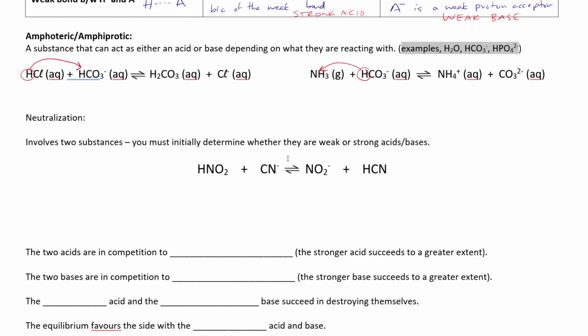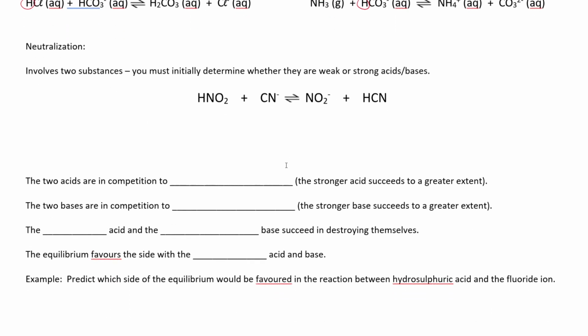So neutralization involves two substances, and you must initially determine whether they are weak or strong acids or bases. Okay. And so what you have to do here is take a look. HNO2 is going to donate a proton to the cyanide ion. So this is the acid, and this is the base.